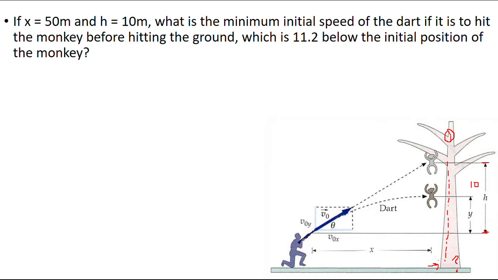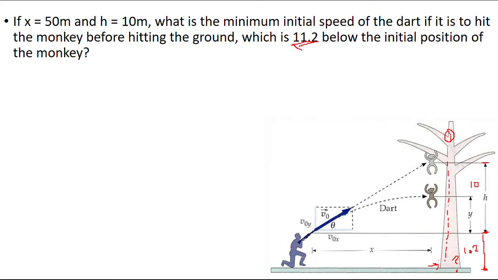We also know the ground is 11.2 meters from the original position. That means the distance from here to this point is 1.2 meters. Why is it 1.2? Because the original was 10, so we just left 1.2 to complete the 11.2 meters. That's what I'm reading here.